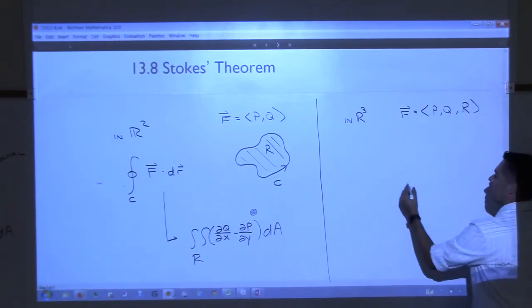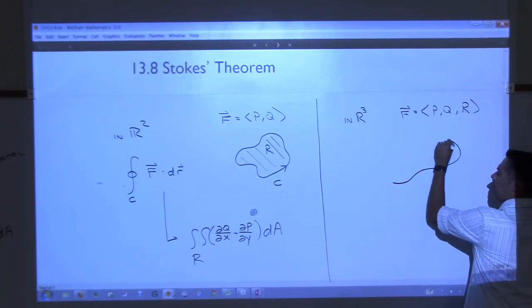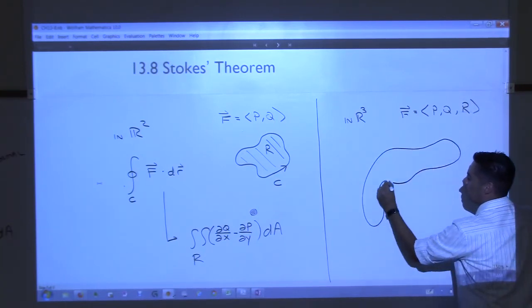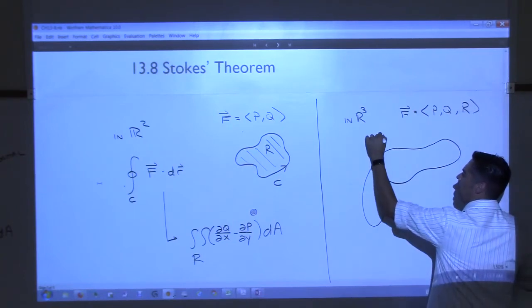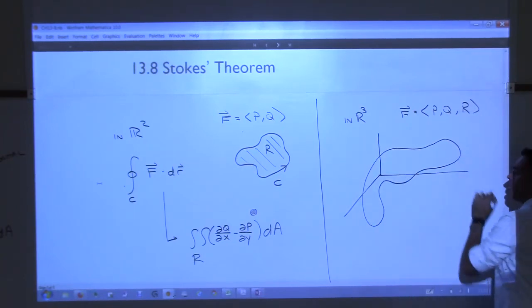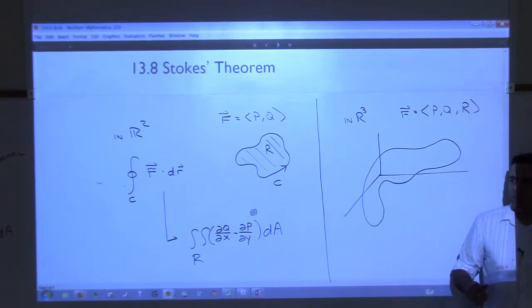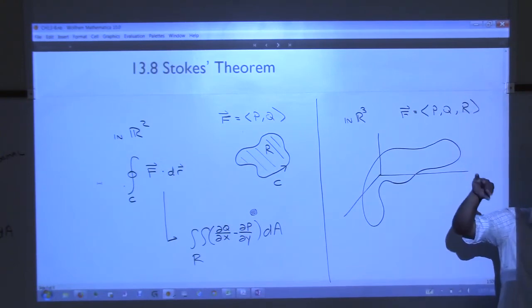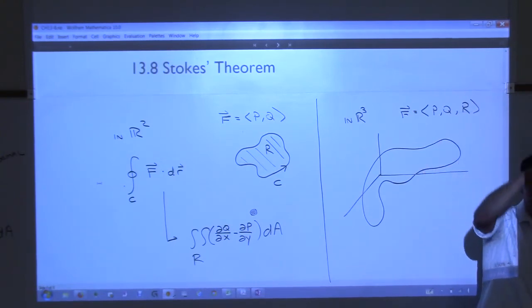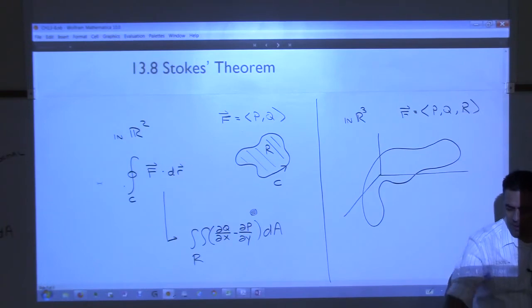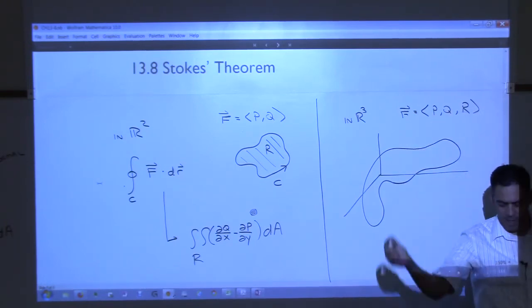So remember, this loop is in 3D. Wherever your x, y, and z axes are, just imagine it's like a fly flying through this room. A fly takes off from here, flies around, and then comes back.